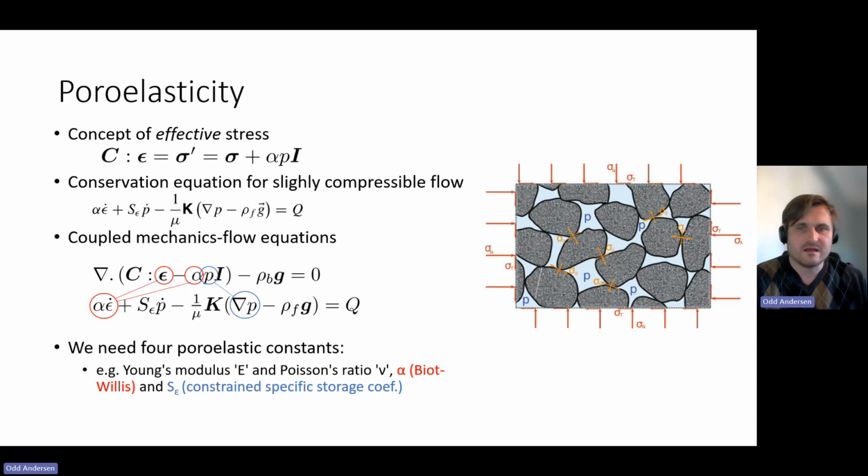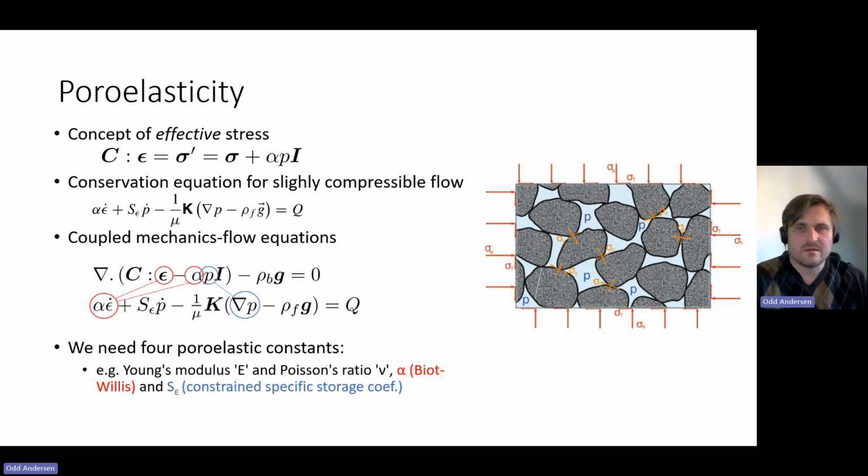And put together, we can see that the mechanics and flow equations are coupled in two ways. First, the accumulation term of the flow equation contains a term that represents bulk volume change, which is directly related to the mechanical strain. Moreover, fluid pressure is present in both equations, since we are dealing with effective stress.